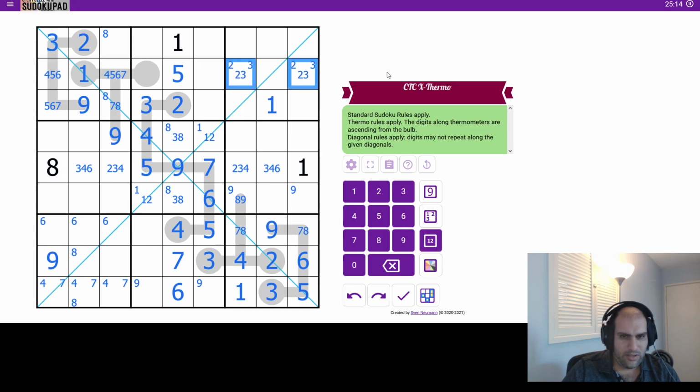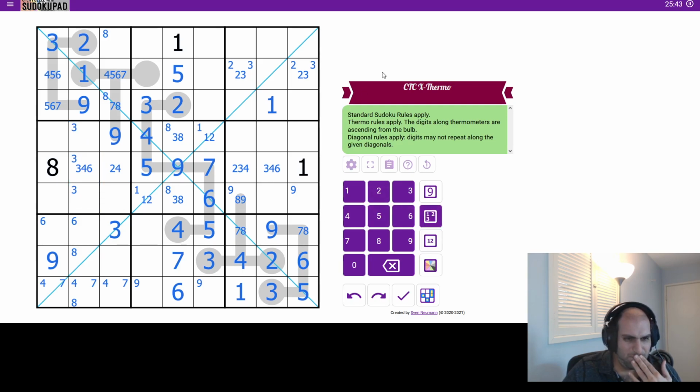It's a 2-3 pair now. So now 3 on this diagonal has to go precisely here. Three, 6, 1, 2. 1, 2 doesn't go here.